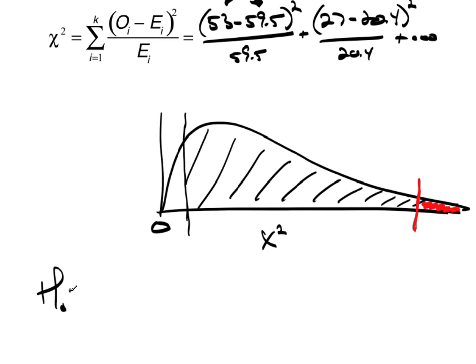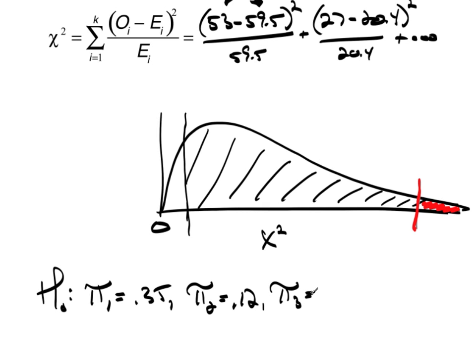The null hypothesis would be, in this case, pi 1 is equal to, we said, 0.35. Whoops, that's supposed to be a pi. Pi 2 equals 0.12. Pi 3 equals 0.31.